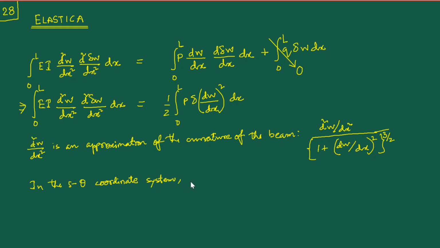the curvature is given by d theta ds. Okay, so you observe that just by choosing a different coordinate system, this s theta coordinate system, the expression of the curvature is even visually much simplified compared to this rather complicated looking expression.